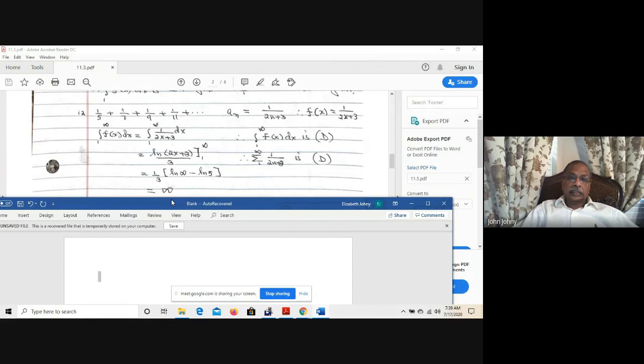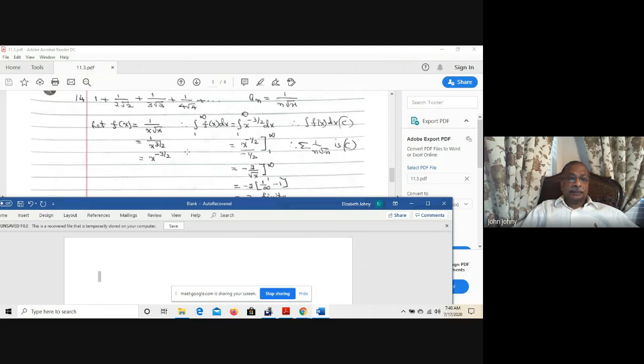So the integral is divergent. Therefore, the series from 1 to infinity of 1 over 2n plus 3 is divergent. Please correct this mistake. The coefficient of x is 2, so that 2 must come here, not the 3.